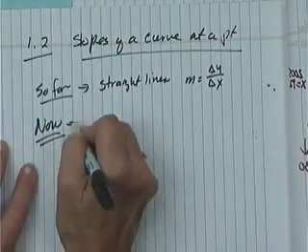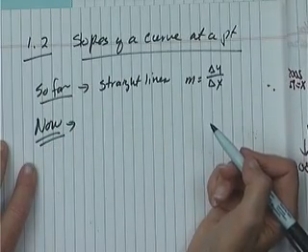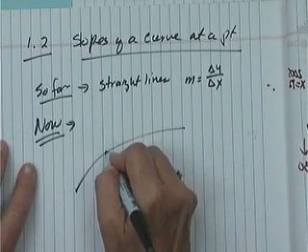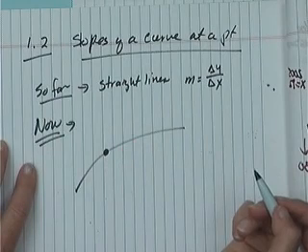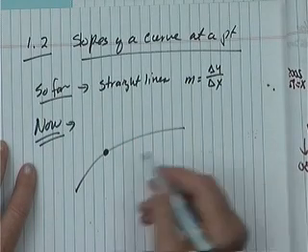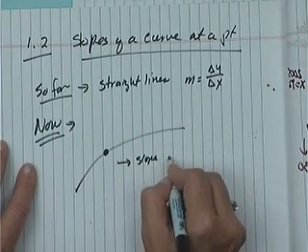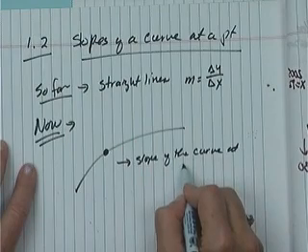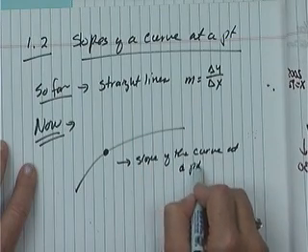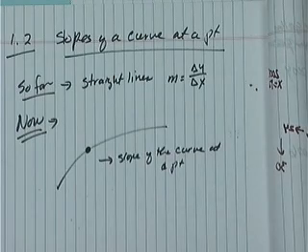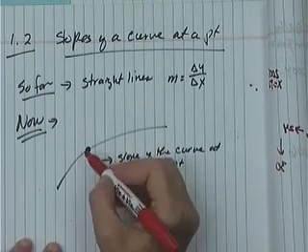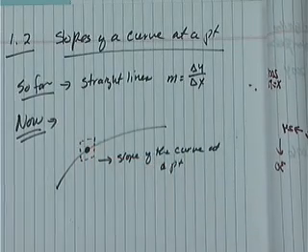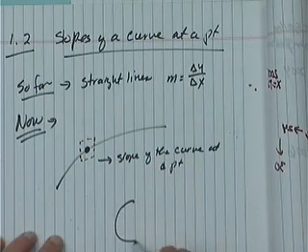Now, we know that life is not all about straight lines, but about curves. How are we going to find the slope of a curve? Slope of a curve at a point. All right, so what we're going to do is we're going to come in on our curve, and we're just going to blow it up really, really big. So this little part now becomes this big old dot.